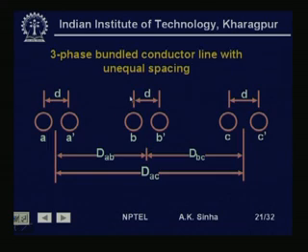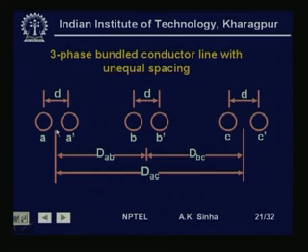Now, let us take a more general case where we have considered a 3 phase bundle conductor line with unequal spacing. We have here a 3 phase line with 2 conductors in a bundle for each phase, and this configuration for the 3 phase system is a horizontal configuration.